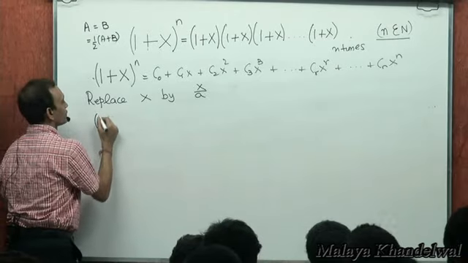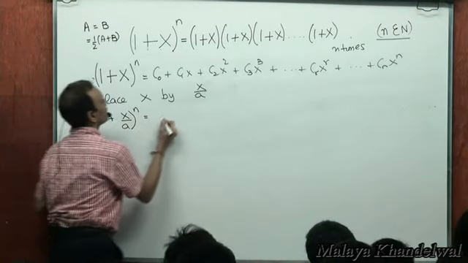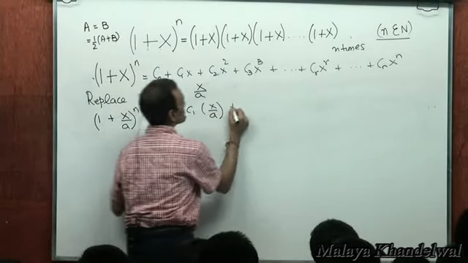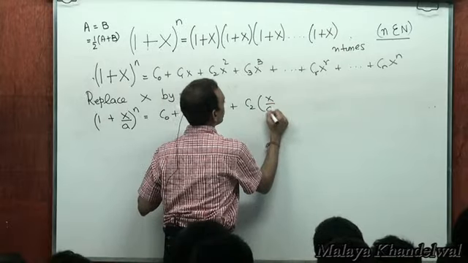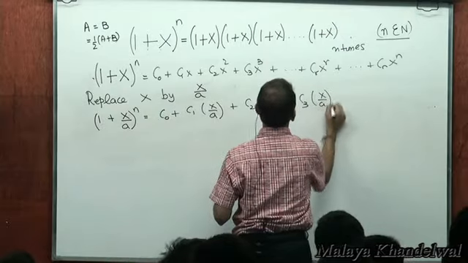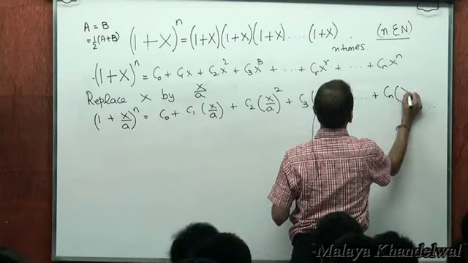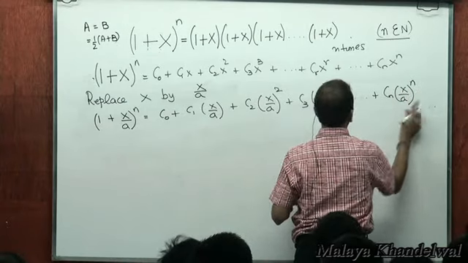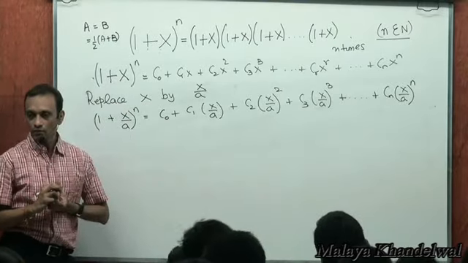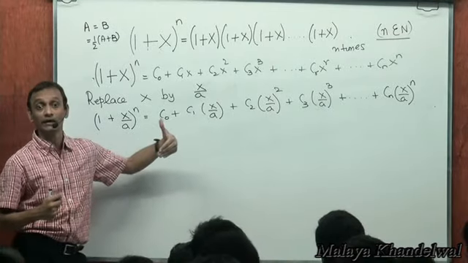Then you get 1 plus x by a whole to the power n is C0 plus C1 into x by a plus C2 into x by a whole squared plus C3 into x by a whole cubed, whole to power n, right? Is it not? Multiply throughout by a to power n, right?